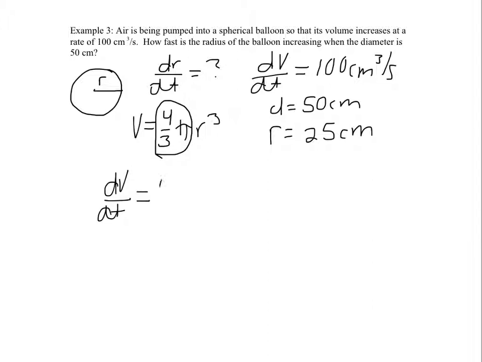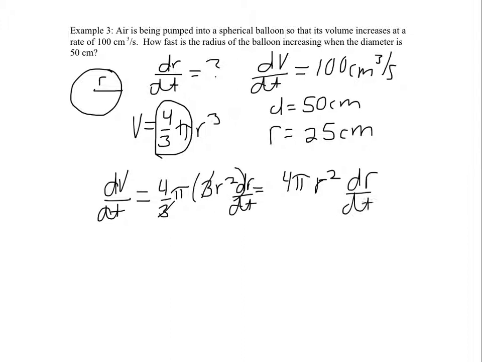So we would have the 4/3 pi, and then if we differentiate the r, it'd be times 3r squared. And with this, the 3's would reduce, getting us just 4 pi r squared. But now we also have to be concerned because we did differentiate an r, so we would need the dr/dt tacked on here.